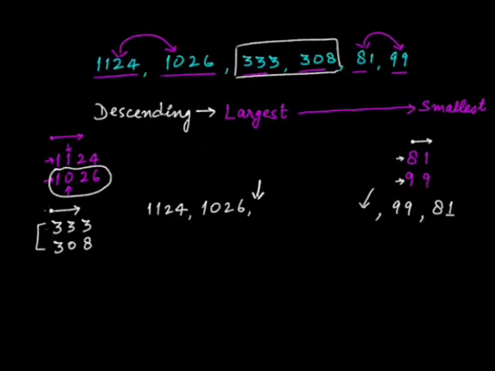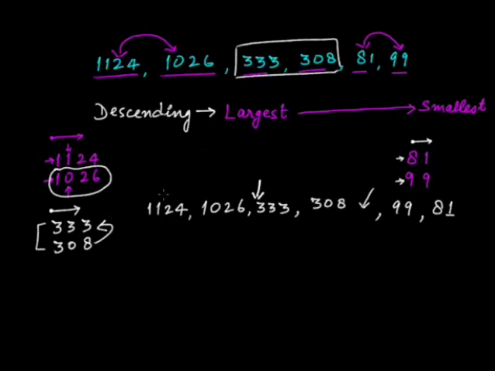Compare these numbers, extreme left to extreme right. This is 3, this is 3, first attempt failed. This is 3, this is 0. We can get it from here. Since 3 is larger than 0, obviously the next largest number in comparison to 1026 would be 333, and then will come 308, which is smaller in comparison to 333.